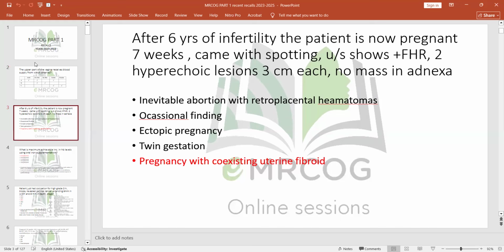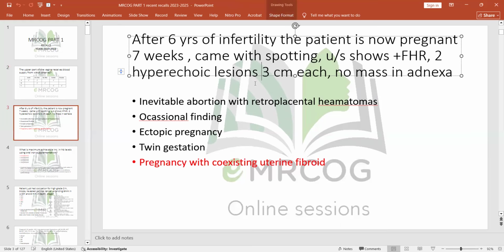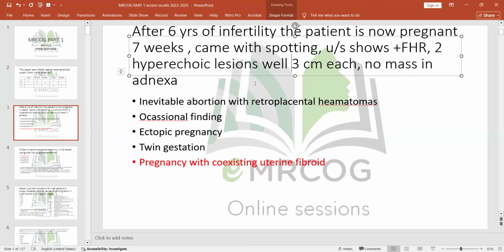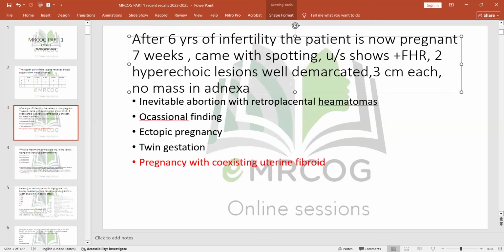If I remember well, I think we can add this. I don't know if they were 1 or 2. I'm not really sure, but they were about 3 centimeters. No mass in the adnexa. What do you think the diagnosis is?